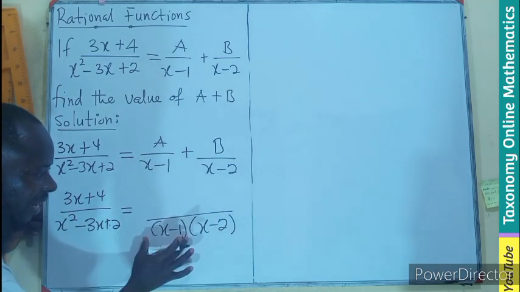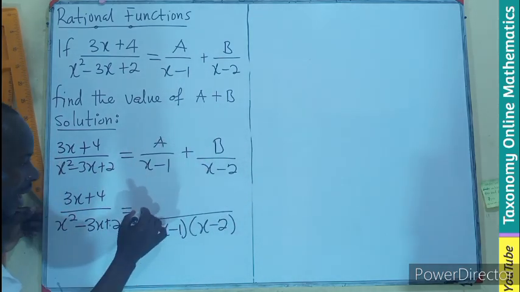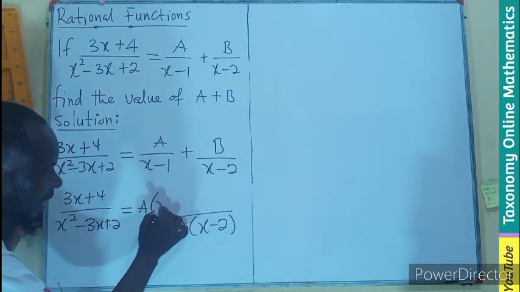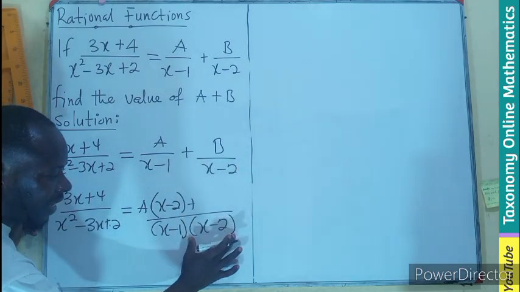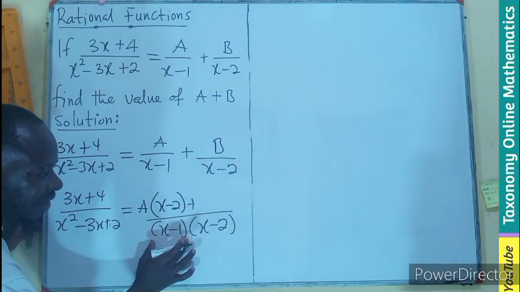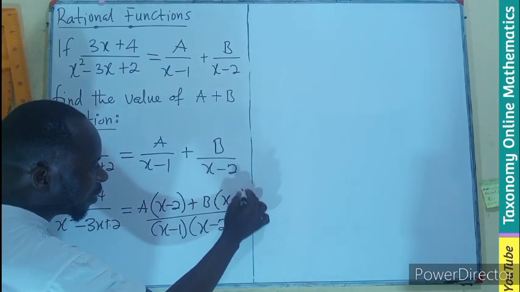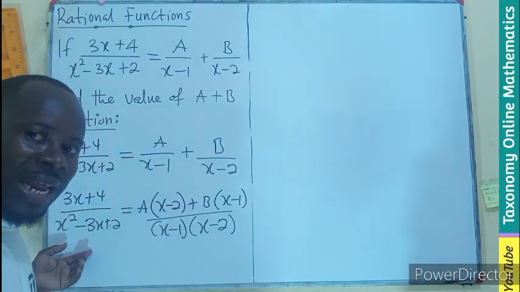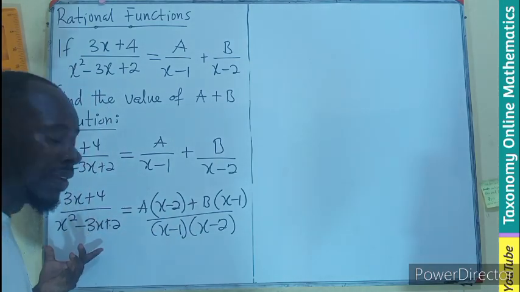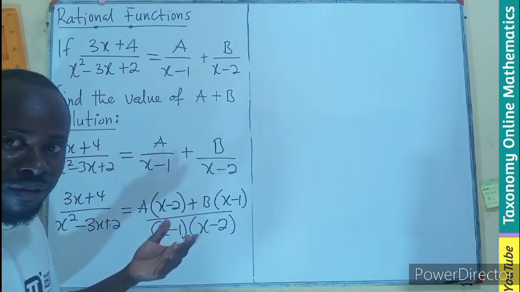If this is divided, it cancels itself, remaining (x − 2), which now will multiply the a. So a will multiply (x − 2), plus this going in, dividing itself out, remaining this as a factor, multiplying b. So b(x − 1). Don't forget, this is the same as the left hand side, just that this is a complete rational function which will be decomposed, if I may say.